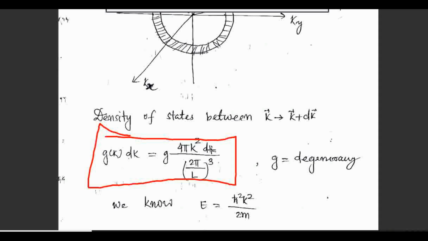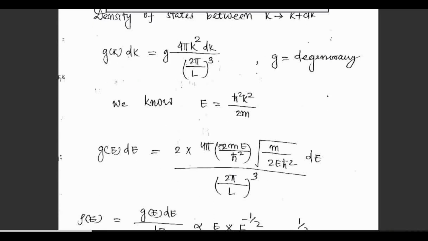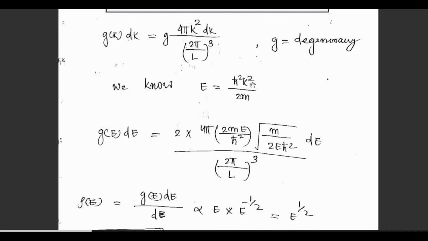Now for electron, E is equal to h square k square by 2m, where m is the mass of an electron. If you differentiate this, you get dk, because we have to put this dk here.